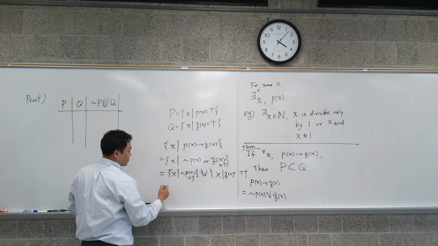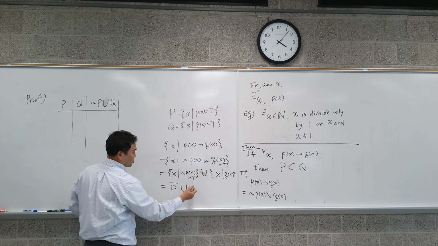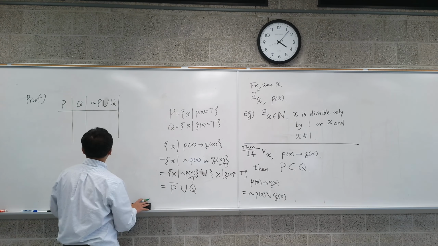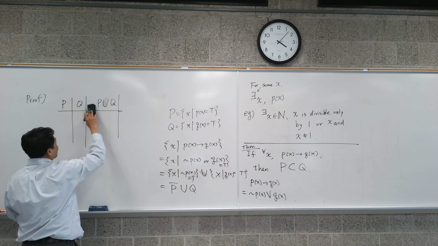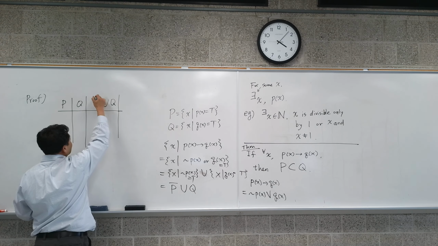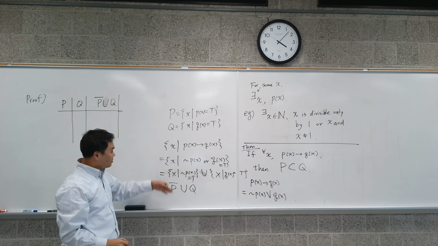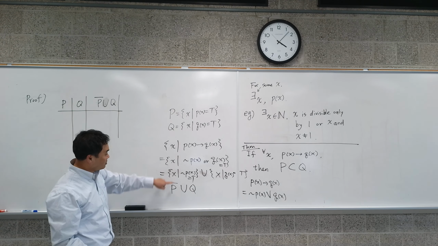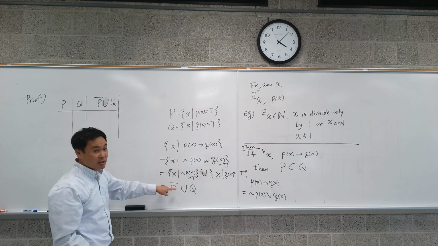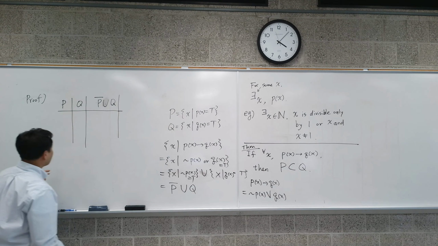But this is P complement union Q, right? Oh, I forgot, this is the notation for logic. This should be really this. Okay. So by this, you can see that the truth set for this is not P union Q, right? So that's what we have.